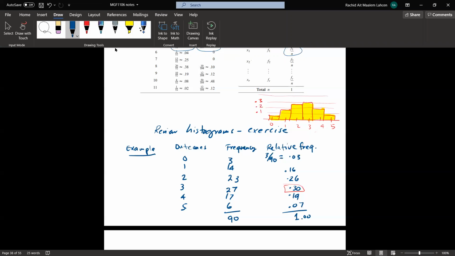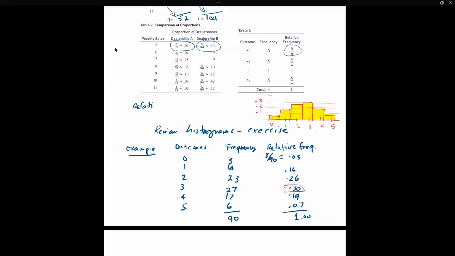So this is the relative frequency distribution for these outcomes, whatever they are, when there are, let's say, 5 tosses of this coin, or 5 experiments.